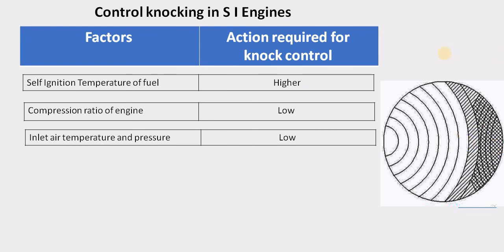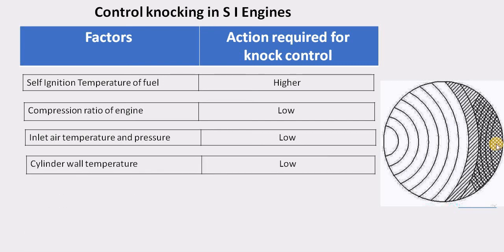Then inlet air temperature, if it is lesser, the probability of the end mixture reaching the self-ignition temperature is going to be lesser, and therefore that will result in lesser knocking. When the cylinder wall temperature is lesser, obviously the probability that the end mixture will form a flame is going to be lesser, and therefore the knocking tendency will be lesser.